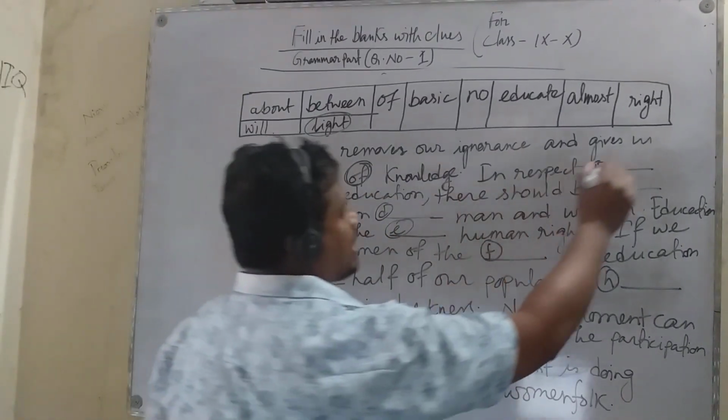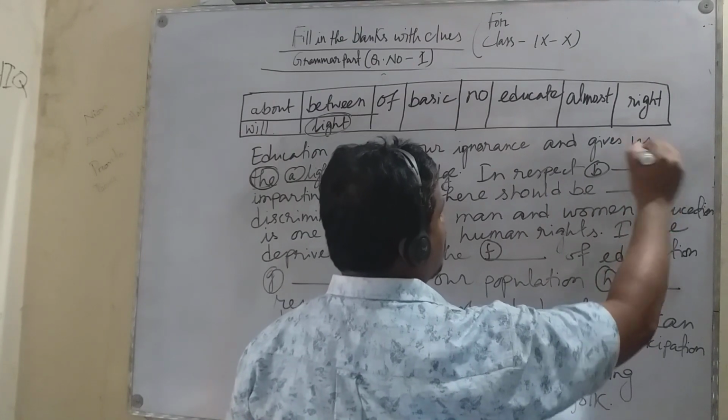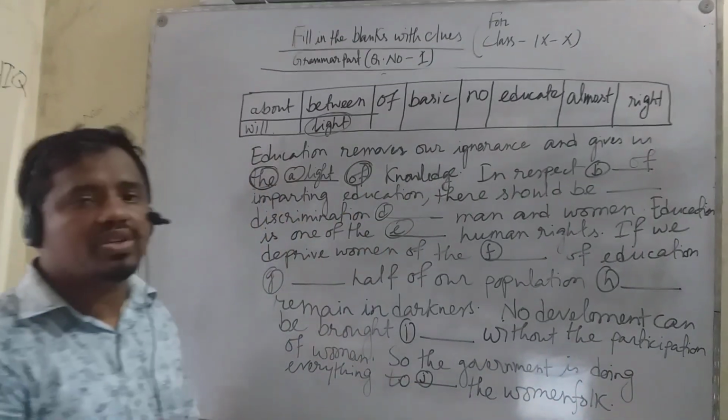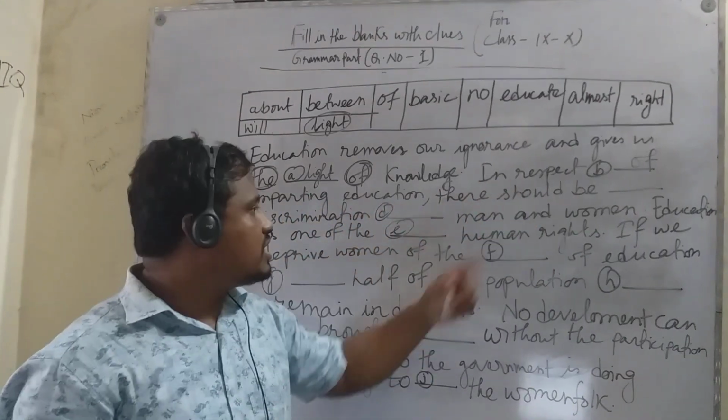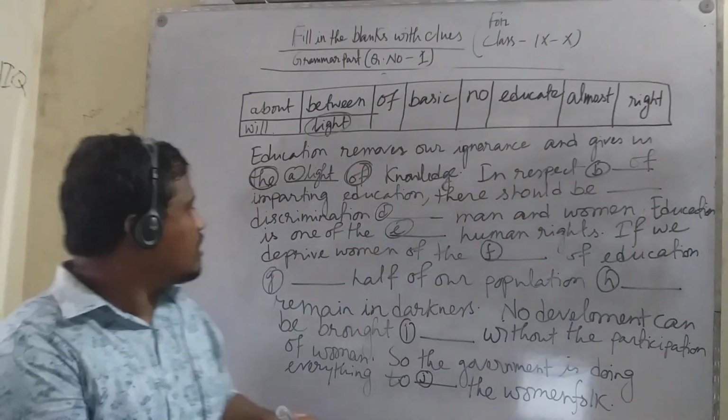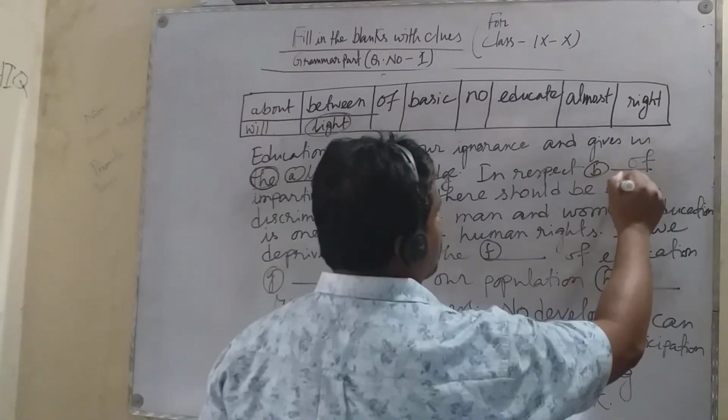So in respect of, we have to use a preposition here. Imparting education, there should be a gap, and this gap is a long one.